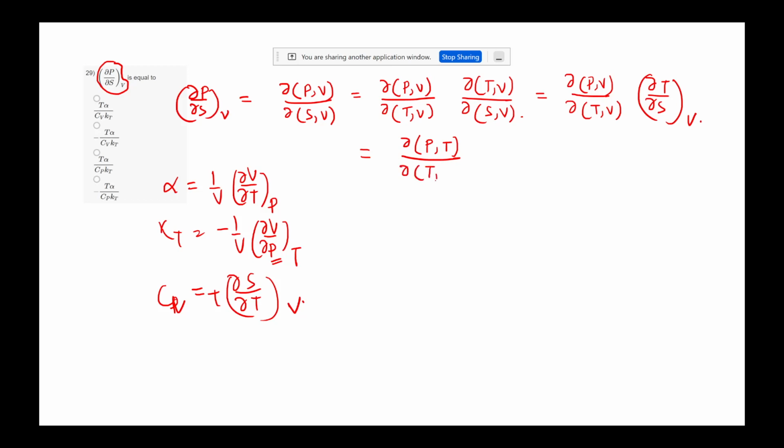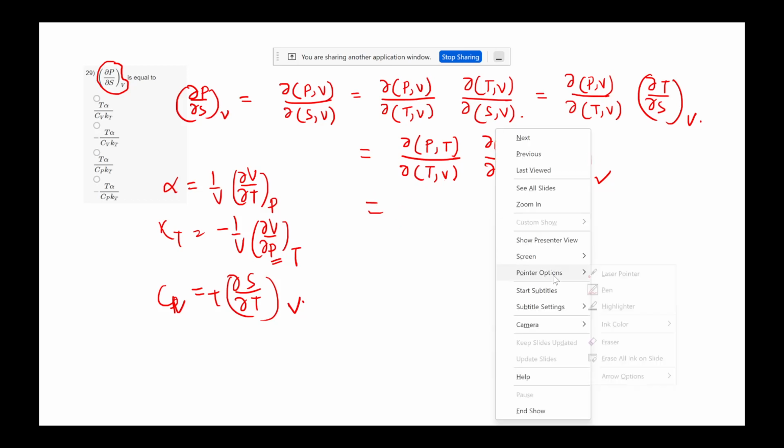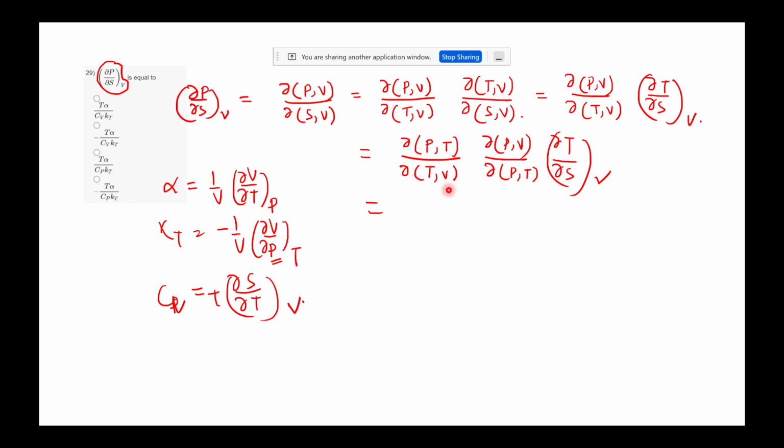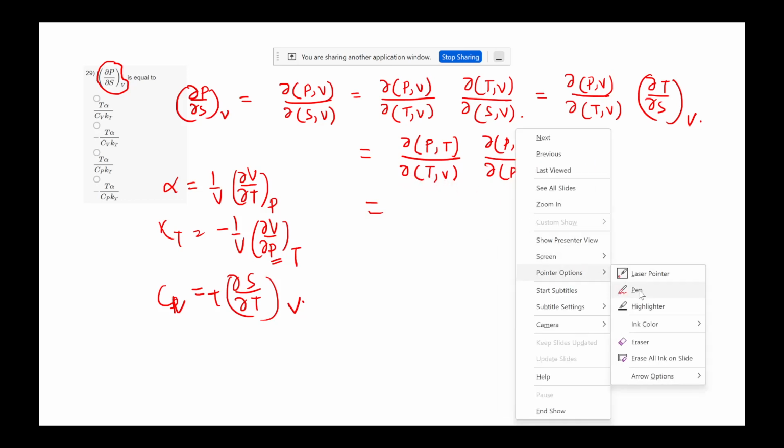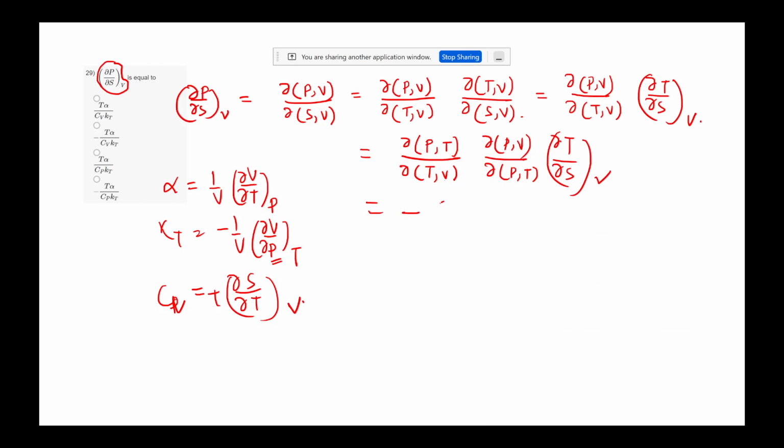So we have del (P,V) over del (P,T), and del T del S at constant V. Now we will just interchange these two, V and T. That will induce one minus sign, so this will be minus del (P,T) over del (V,T).